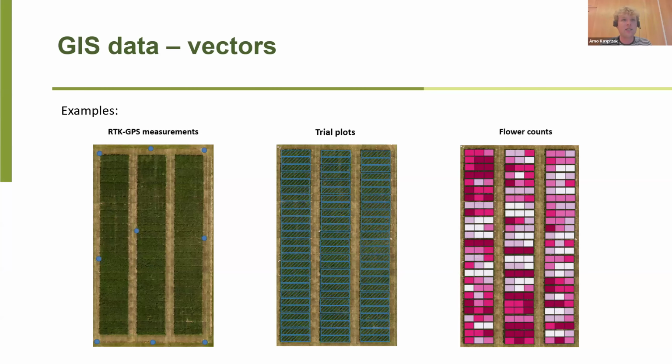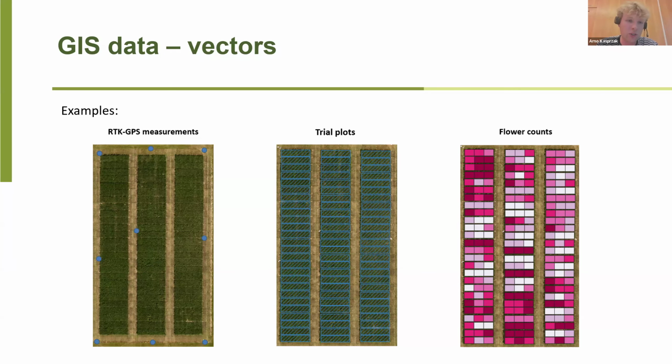Here on the next slide, I show you some examples of vector data. At the left, you see some GPS measurements as a point vector layer. So every point here is a feature of the vector layer. It is basically a location measured in a field, which you then can represent in a GIS environment.